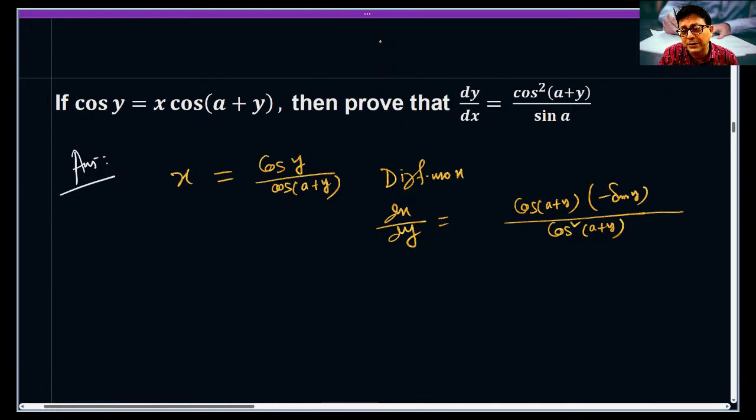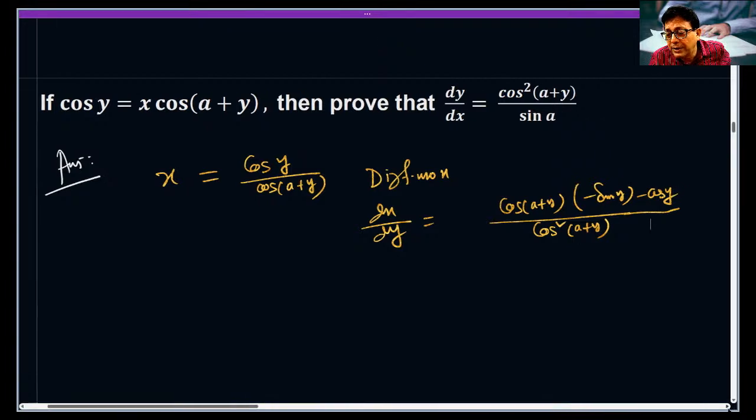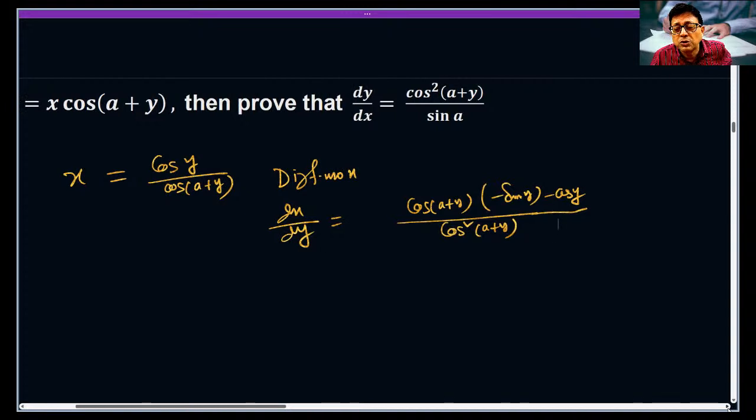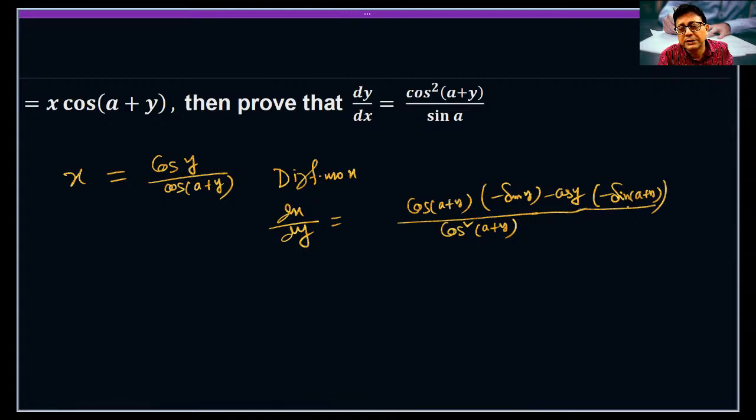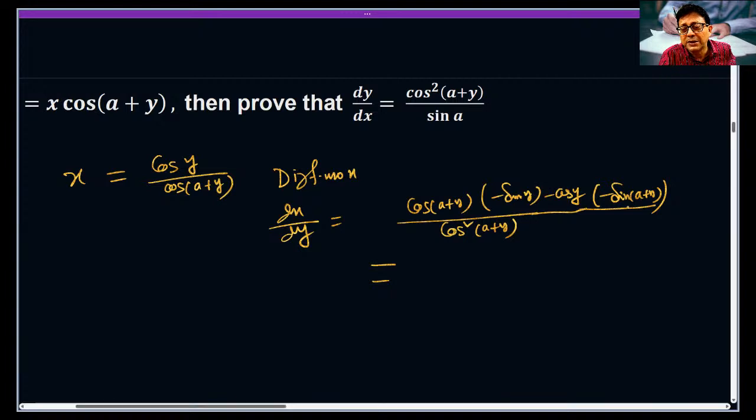We are differentiating with respect to y. Cos y, and then the derivative of cos of a plus y will be minus sin of a plus y. So this is minus minus plus.